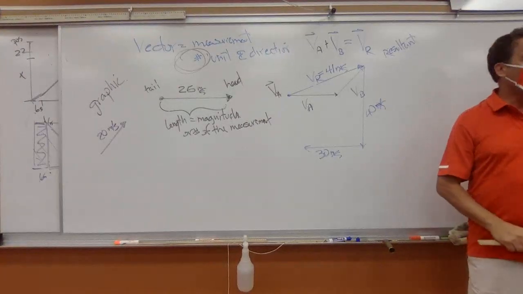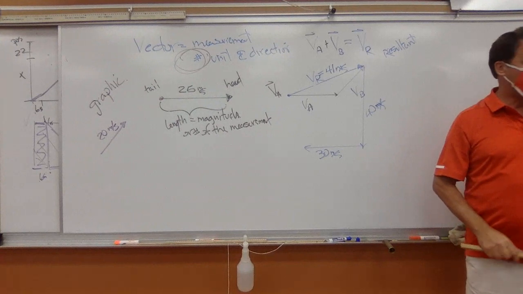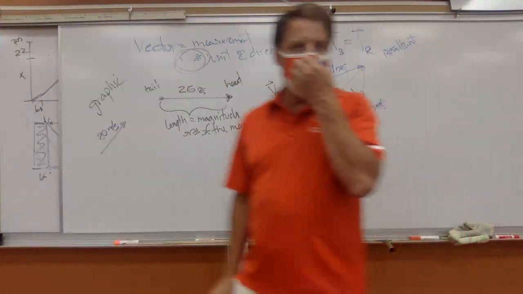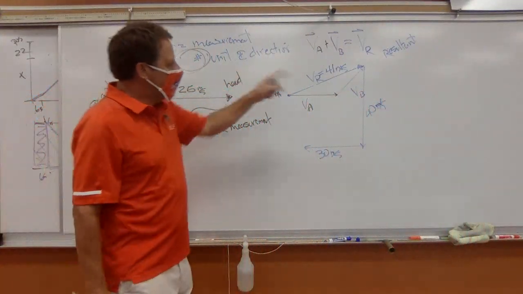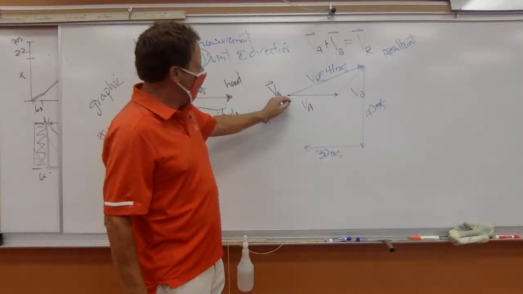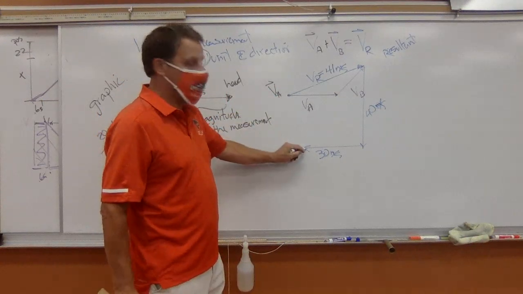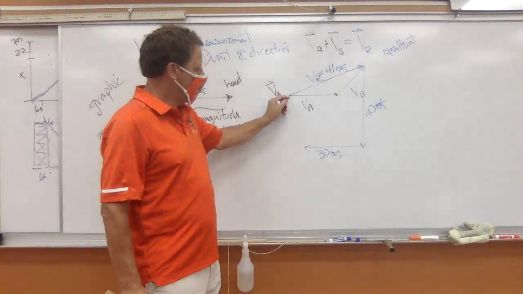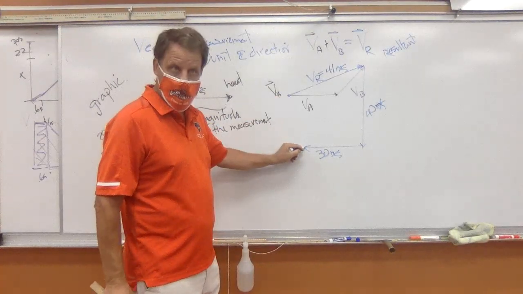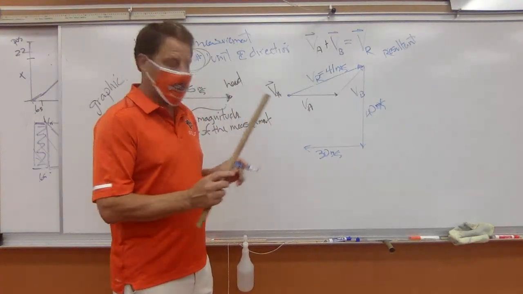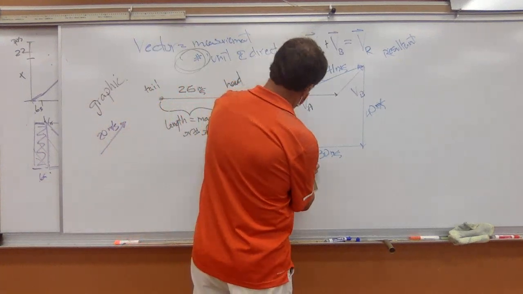Now, if we added all four of those vectors together, what would be the resultant vector? We can keep adding them on, and now if we measure the distance from here to here, then we can get our total velocity vector.